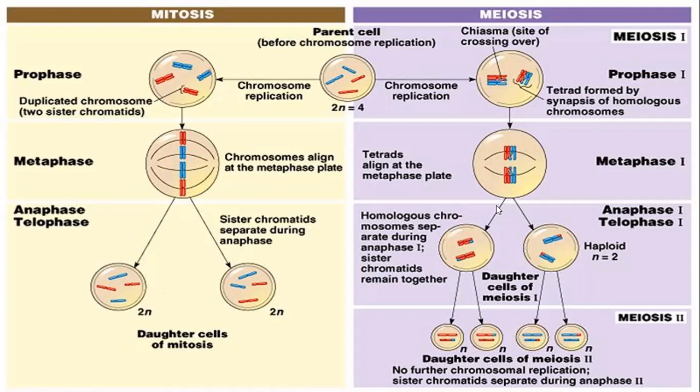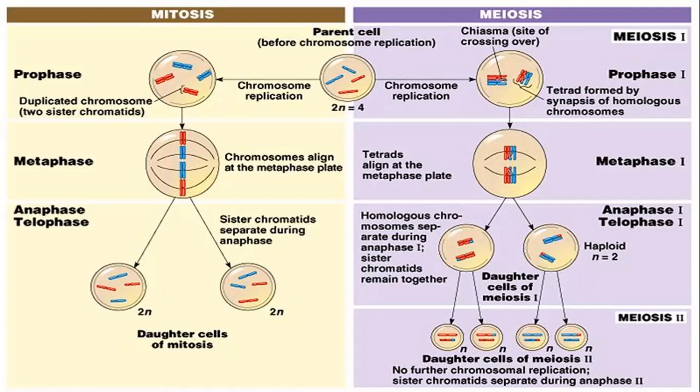Meiosis is a bit different. We have meiosis 1 and meiosis 2. In meiosis 1, in prophase, the chiasma is the site of crossing over, and we have a tetrad formed by synapsis of homologous chromosomes, and crossing over starts to occur.